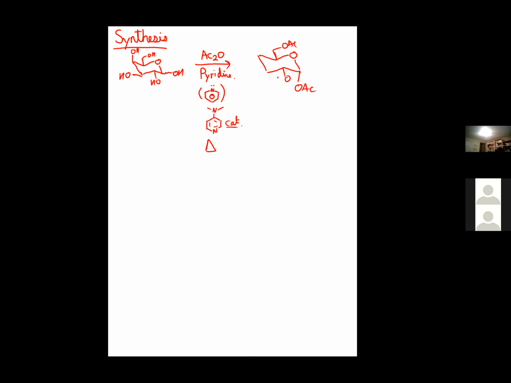My major product, much to my chagrin, because I normally don't want the alpha acetate, because the alpha acetate is less reactive than the beta acetate. Let's get the alpha acetate. If I take the same guy, and I take sodium acetate and acetic anhydride, actually, you don't need heat for that. And I heat the crap out of this.